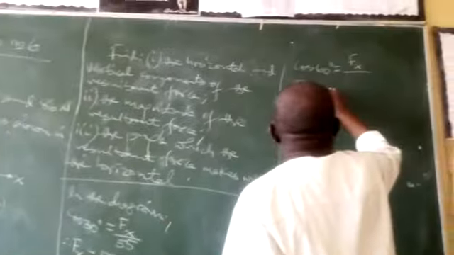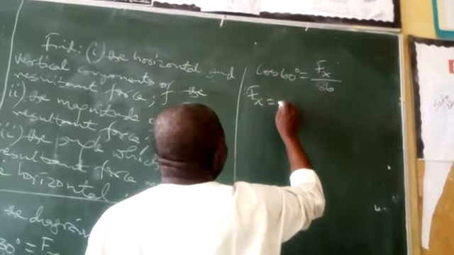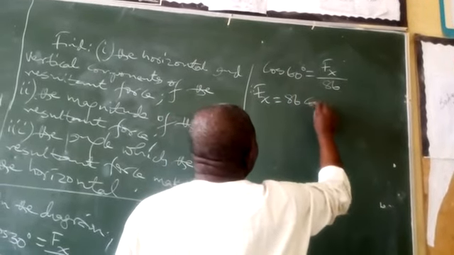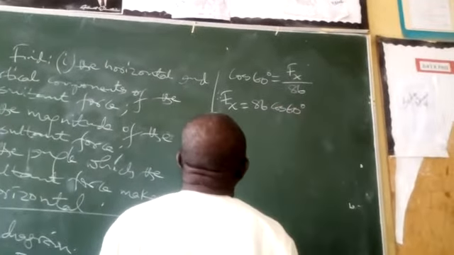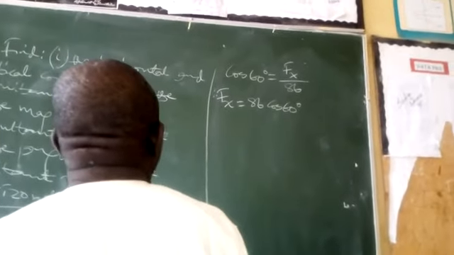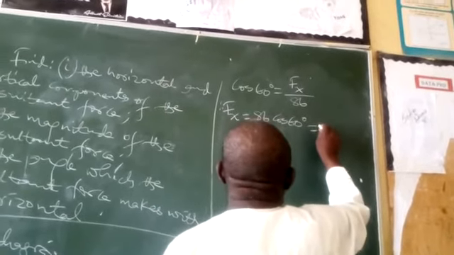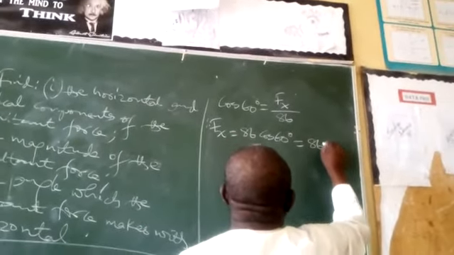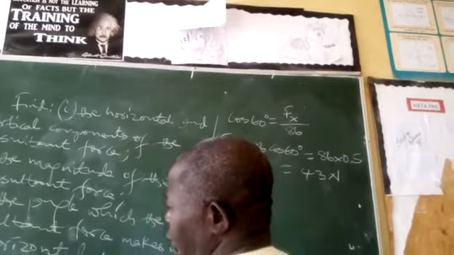If we cross multiply, f sub x is equal to 86 cos 60 degrees. Cos 60 degrees is half. So that is going to be 86 times 0.5, which is equal to 43 Newton. So that is the horizontal component of the second force.